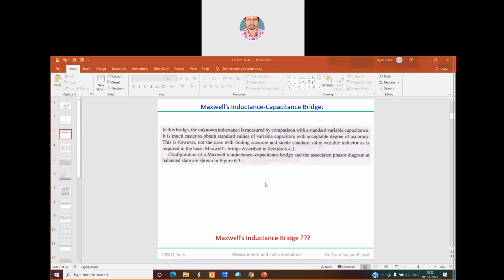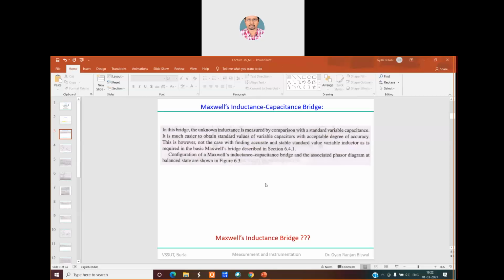Right? As you might have already studied at the intermediate science level or school level, the Maxwell bridge is a very popular one, and you can say it is the foundation of the AC bridges, decades back when Maxwell introduced it.